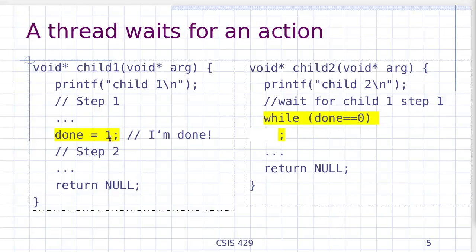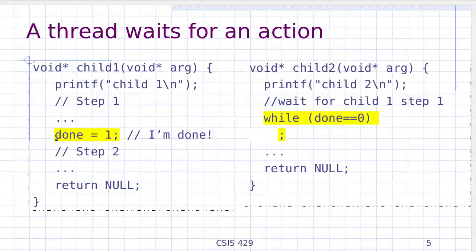Under those kinds of situations, this setup will just not work. It's a good bet that this will work if you have just one thread executing child 1, just one thread executing child 2, and done is initialized globally to 0.